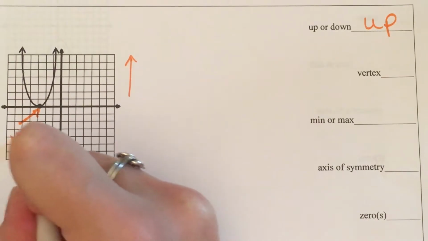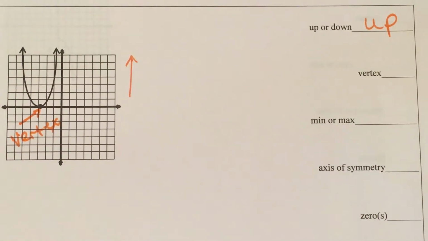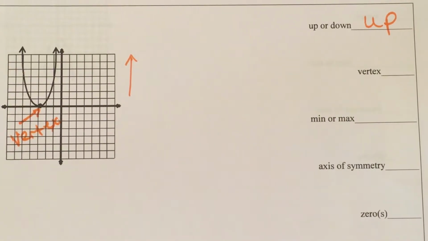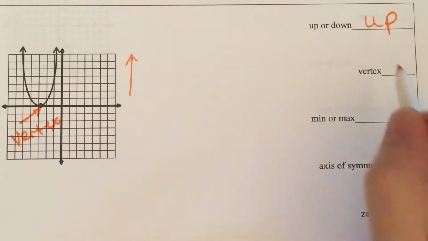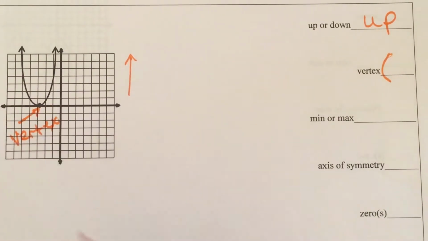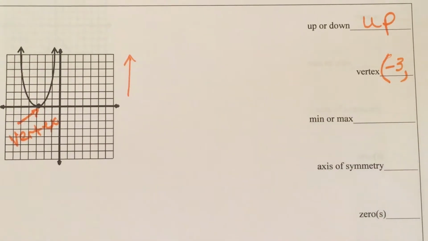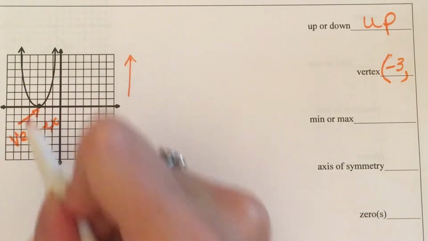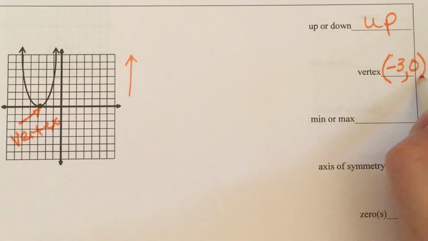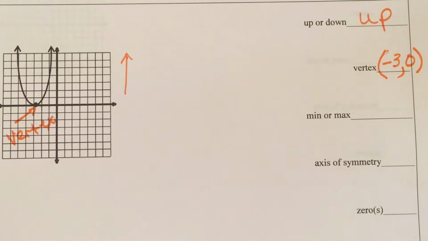This is my vertex. So the address of that particular coordinate point happens to be 1, 2, 3 spaces to the left, -3, comma, up nothing, 0. So it's the coordinate point, -3, 0.